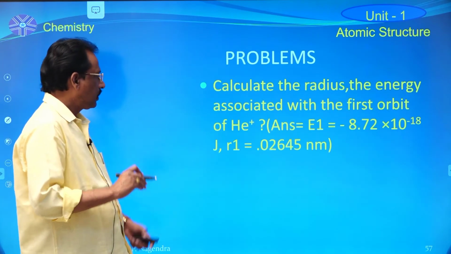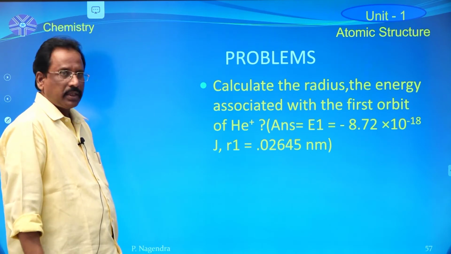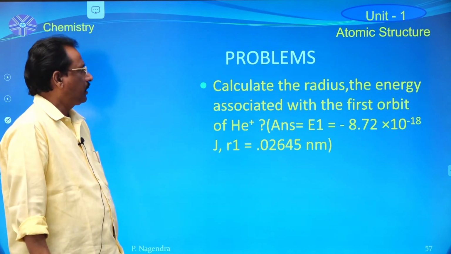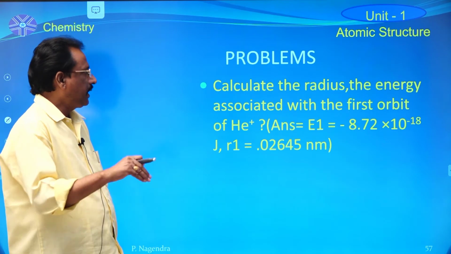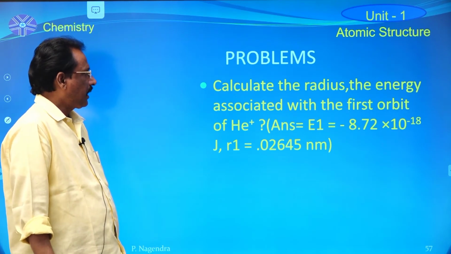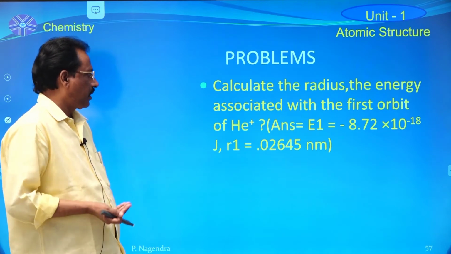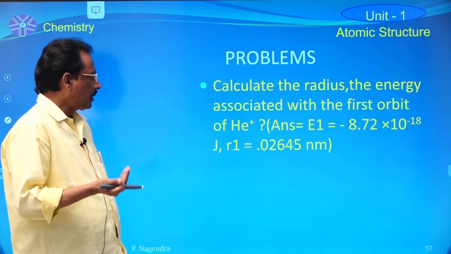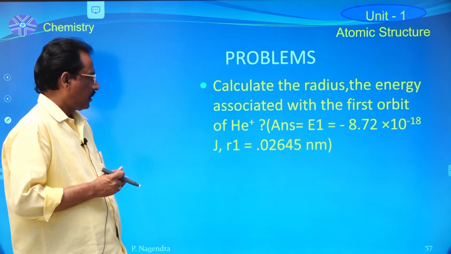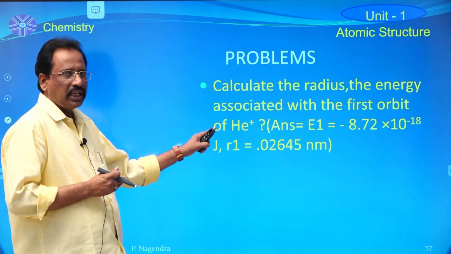Now, the next problem is the radius and energy of the first orbit of hydrogen-like ion, that means He plus.